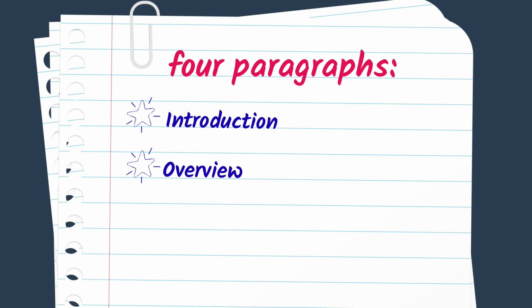So you should not include any data here in overview paragraph. Only specific features which stand out to you without providing any data or a percentage, nothing. And then there will be 2 body paragraphs.